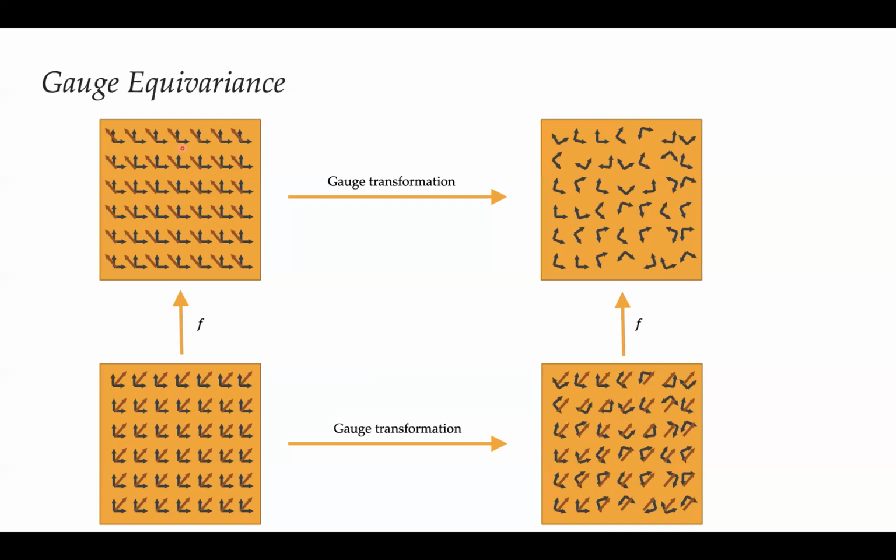Then what we would like is that if we apply a gauge transformation to this output field that we've obtained on the left, again we get some different numerical representation of the same field. Well, that should be the same as first applying this gauge transformation and then applying our mapping F. So that's the meaning of gauge equivariance. If F satisfies this property, it is gauge equivariant.